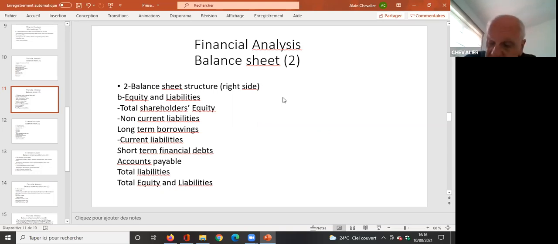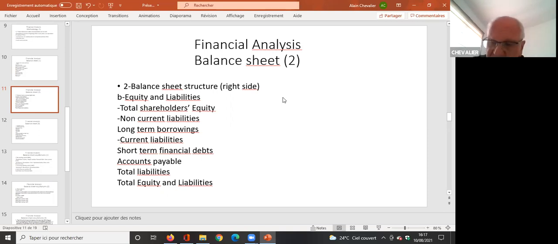Because these firms are so profitable that each year they bring to the equity a large amount of the net earnings, which are also very high. They don't need to make equity issues.